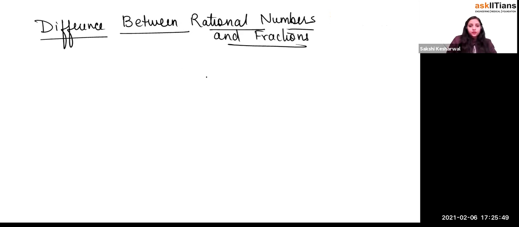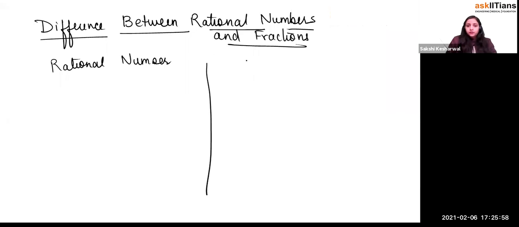So see over here, I'll write it like this: rational numbers, and these are what, beta? Fractions.